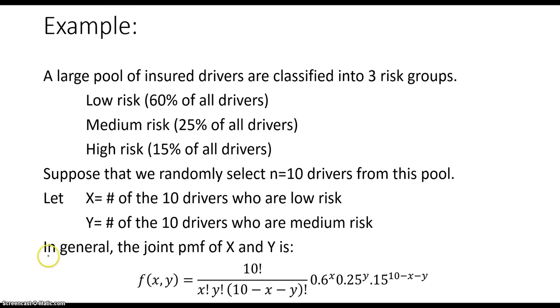So we can generalize this. In general, the joint probability mass function of x and y is going to be the number of ways that we could have exactly x low-risk drivers, y medium-risk drivers, and 10 minus x minus y high-risk drivers, times the probability of an individual being low risk raised to the power of the number of low risk, times the probability of medium risk raised to the power of the number of medium risk drivers we have out of the 10, and then multiplied by the probability that an individual driver chosen is high risk raised to the power that indicates the number out of our 10 drivers who are high risk.